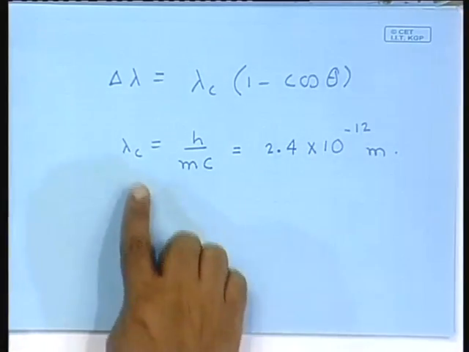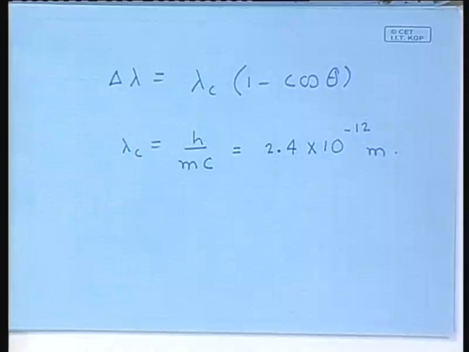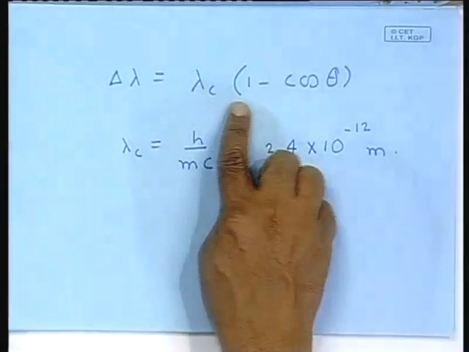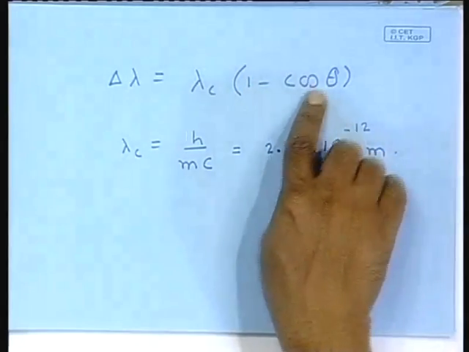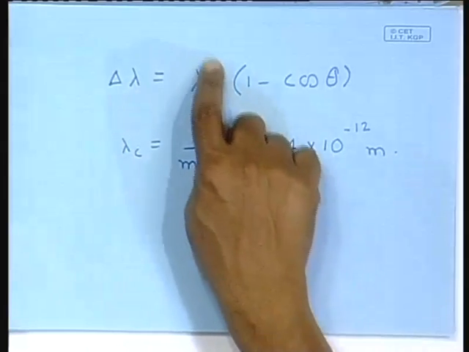You find that there is going to be a shift in the wavelength which is of the order of 10 to the power minus 12 meters, a little more than that, and it is going to have a 1 minus cos theta dependence. So, we have estimated the magnitude of the shift.